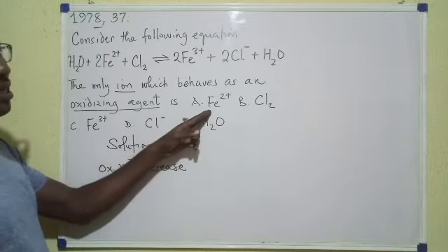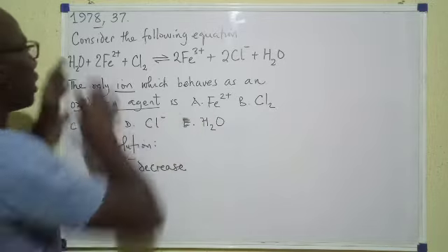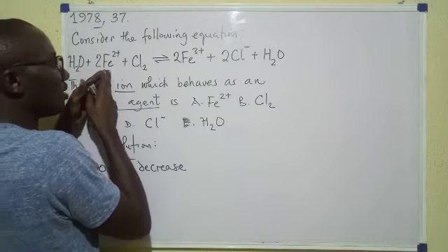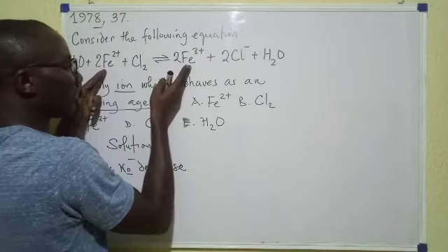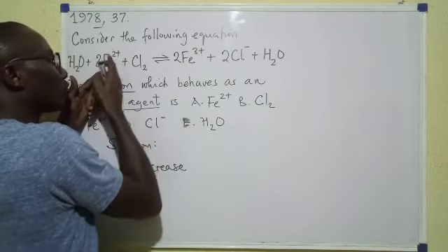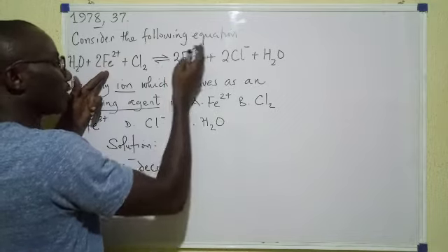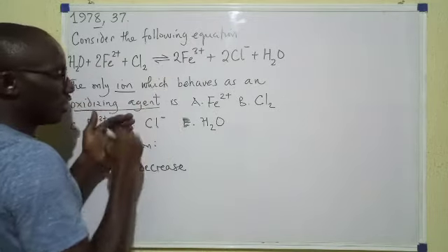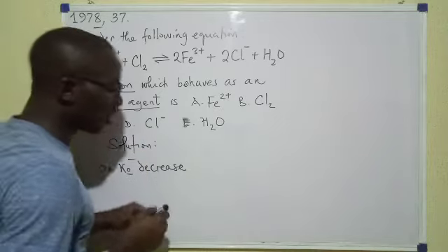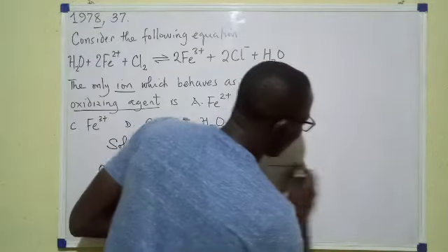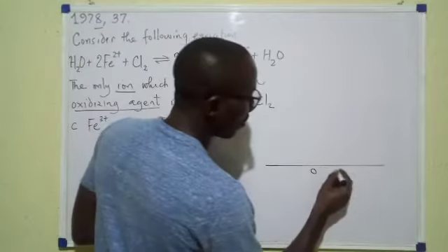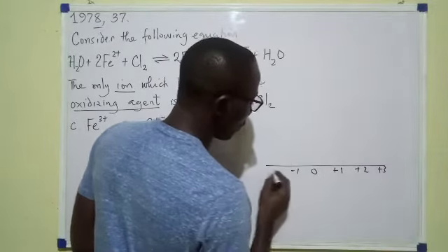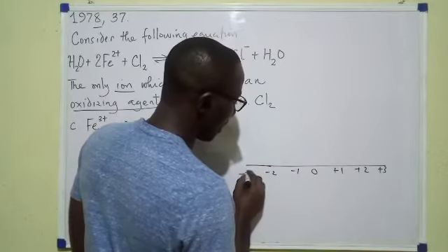Now to the equation. Fe2 plus. Let's see if that is our answer. In this equation, what happens to Fe2 plus? It changes to Fe3 plus. Now, from 2 plus to 3 plus, do we see an increase in oxidation number or a decrease? Of course, it's an increase. If you use a number line, 0, plus 1, plus 2, plus 3, minus 1, minus 2, minus 3.